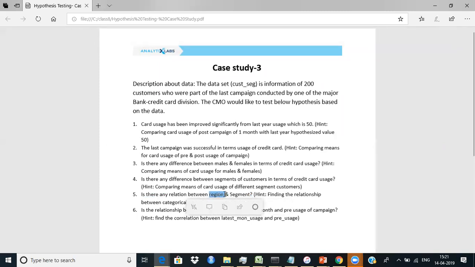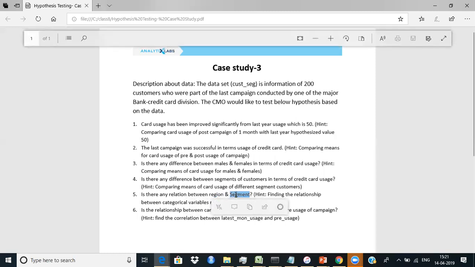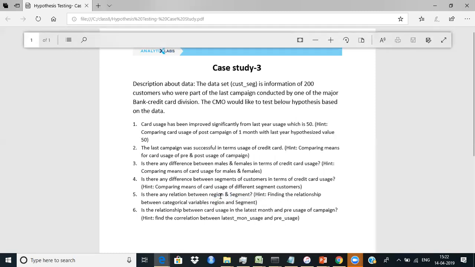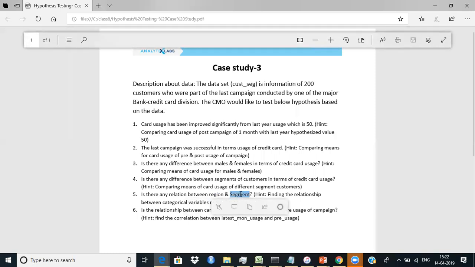In earlier cases, we solved our questions in parts, where we were able to test sub parts as well. But in the previous cases also, we had tested one single variable. Here also, region as a whole is a single variable, so we are testing for that variable. We will not be able to tell which value of the variable is more related with which value of the segment.